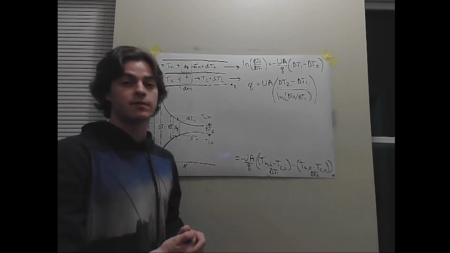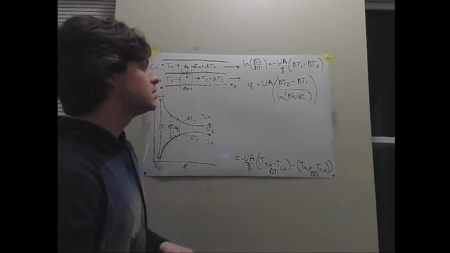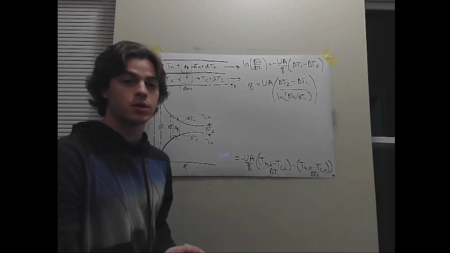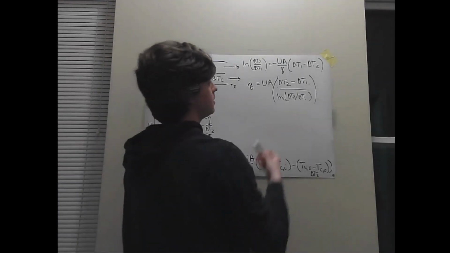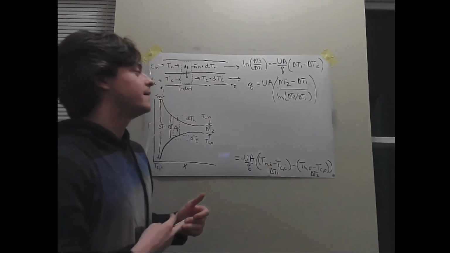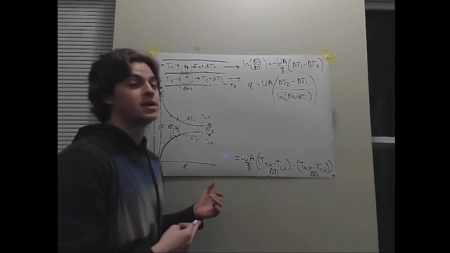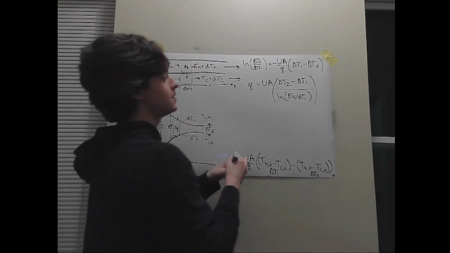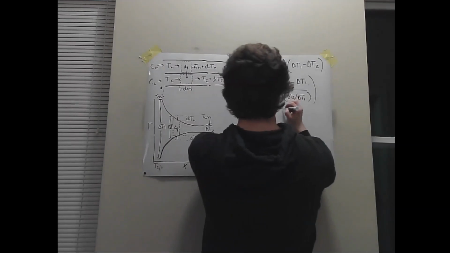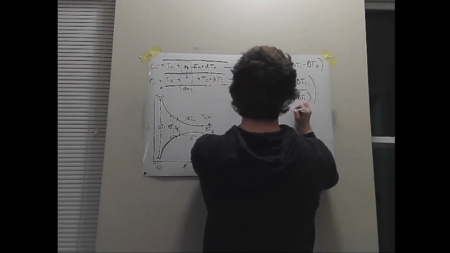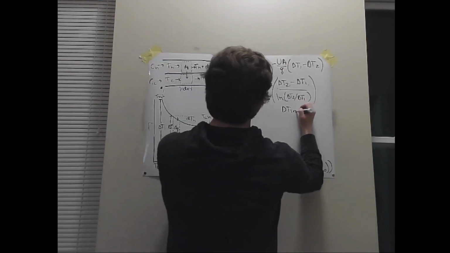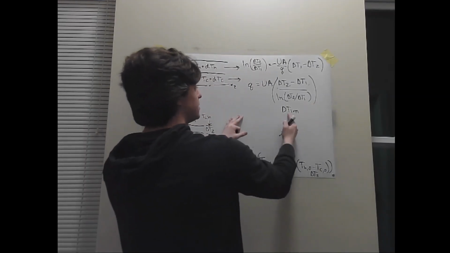But we can actually go one step further. Most engineering firms and engineering textbooks write this expression out here. They call it the log mean temperature difference. And in the textbook that we use for this class, it is expressed as delta T_LM for the log mean temperature difference.